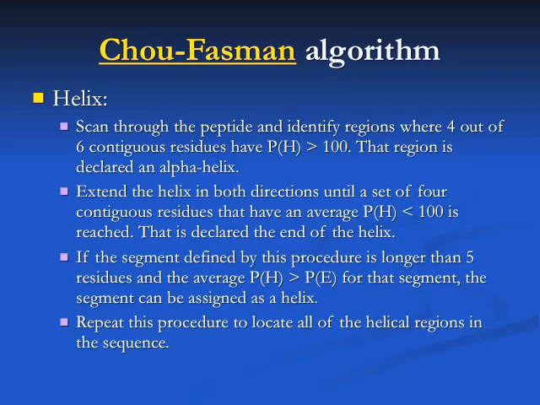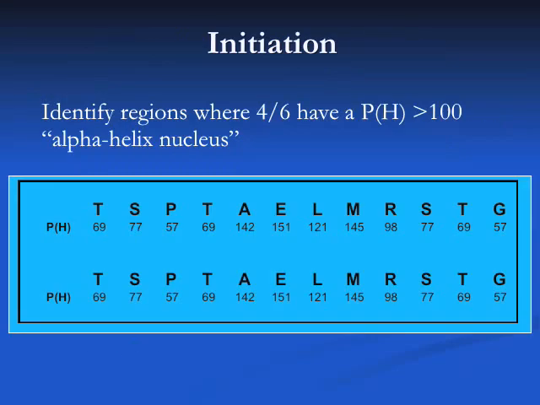You can see it's a very complicated mathematical technique, but let me give you an example. I'm giving you a short segment here, and let's look at that 6 residue segment there, TSPTAE, and I'm looking for where the Pα is greater than 100.